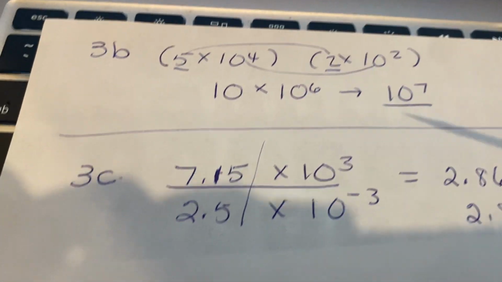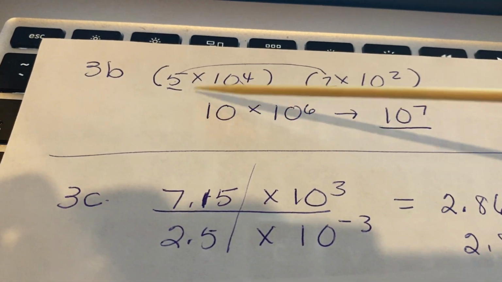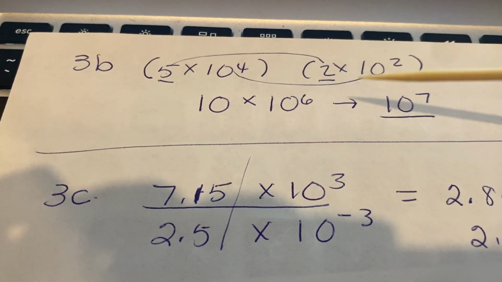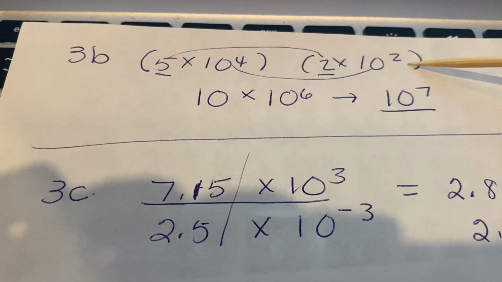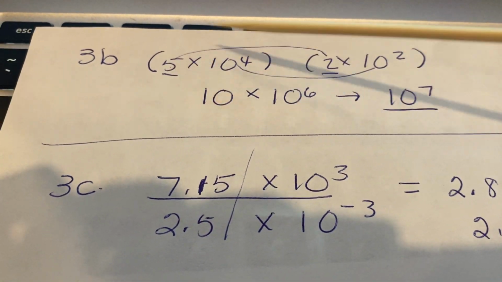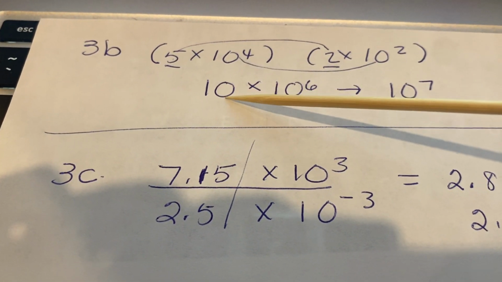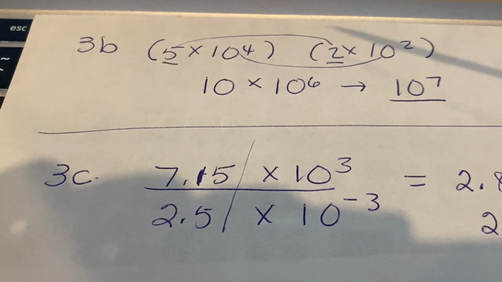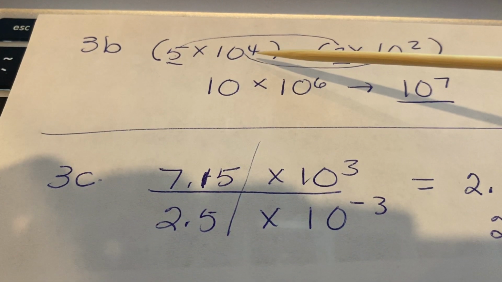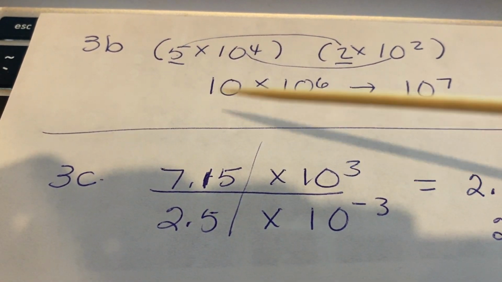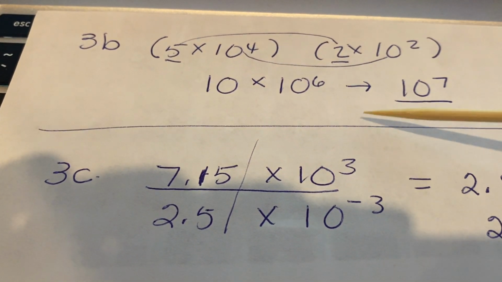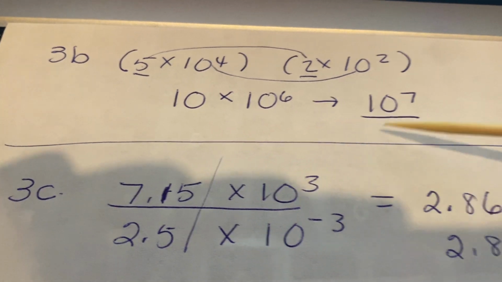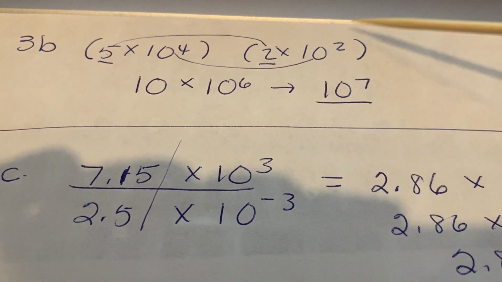There we go. So we have 5 times 10 to the 4 and 2 times 10 to the 2. So first of all, you take 5 times 2 equals 10. We got that one. And then we take 10 to the 4 times 10 to the 2. Remember, whenever you're multiplying exponents, you can add the exponents. So now we have 10 times 10 to the 6. So 10 times 10 to the 6 actually would be 10 to the 7th.